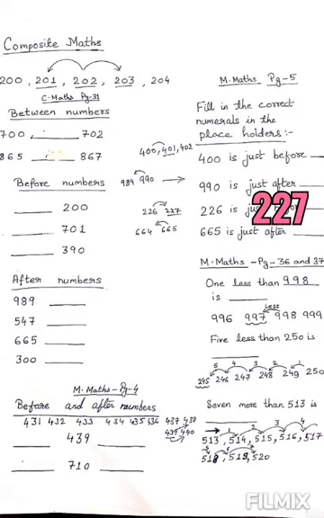So 226 is just before 227. 665 is just after. Whenever we are saying after, that means we need to find the number that is before it. The number just before 665 is 664. So this is how we will write down the placeholders.